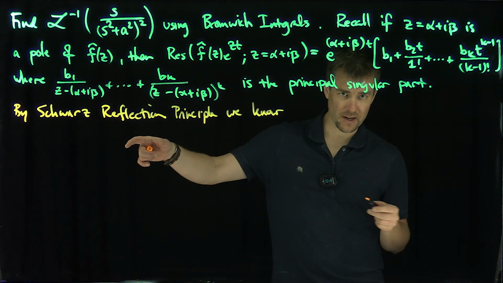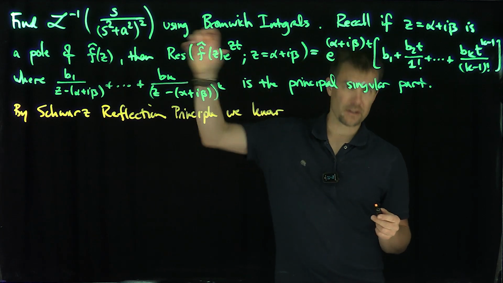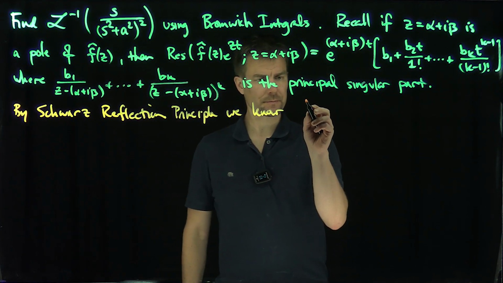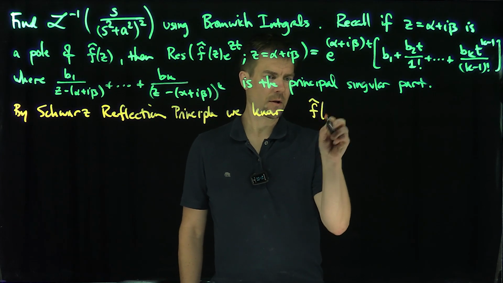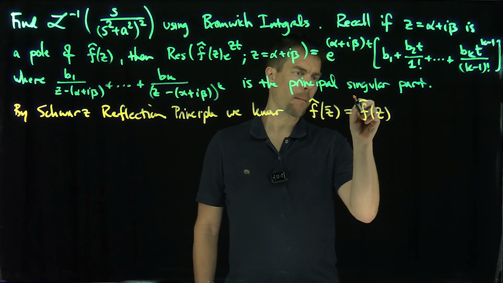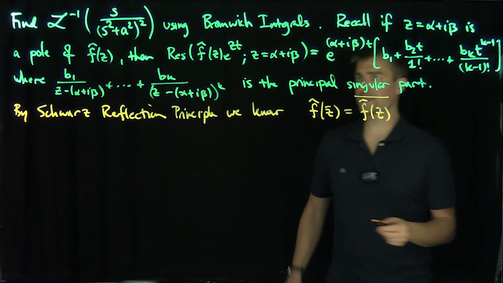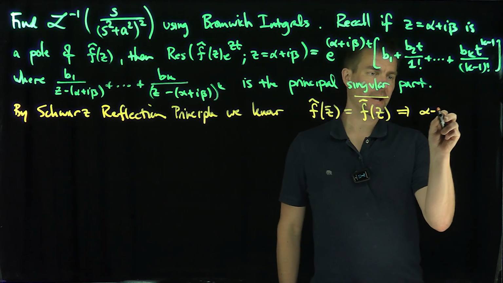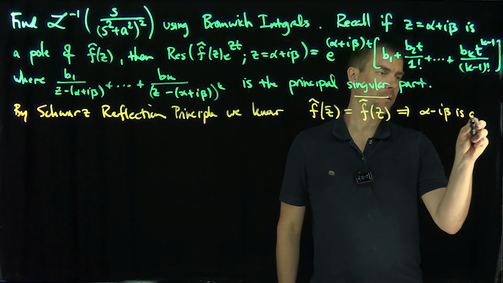I'm using a big theorem in complex analysis to basically handle inversions of the Laplace transform. By the Schwarz reflection principle, we know that f tilde of z bar has to be equal to the conjugate of f tilde of z, which forces alpha minus i beta to also be a pole.